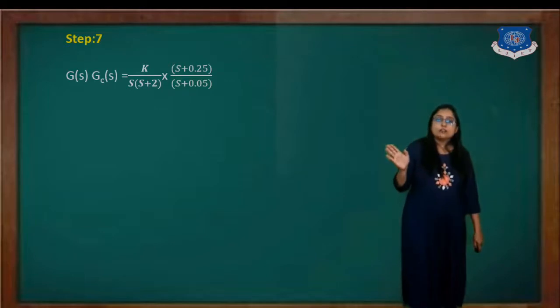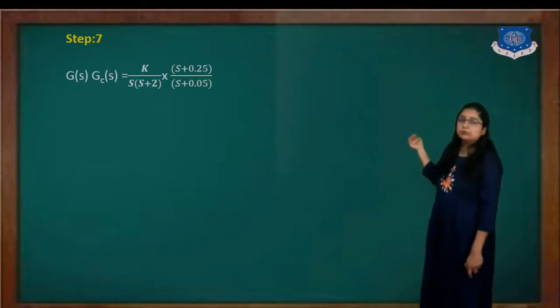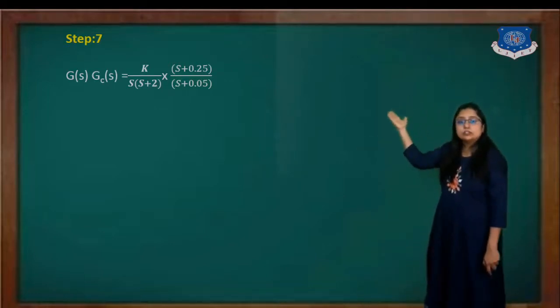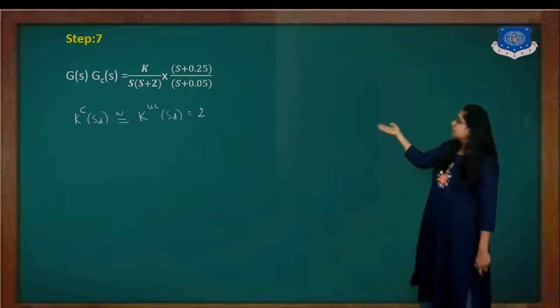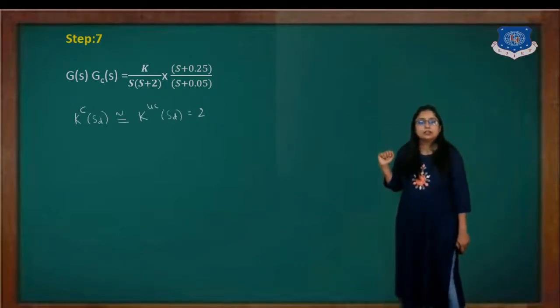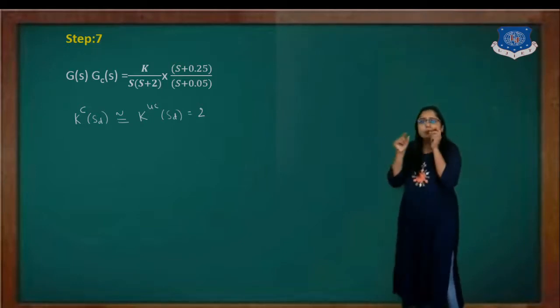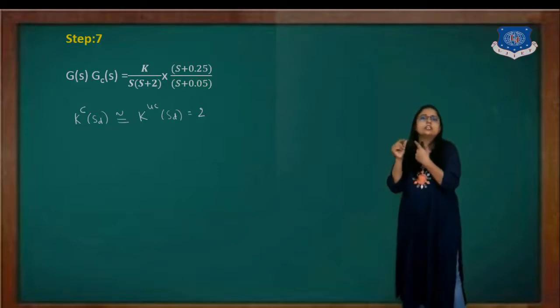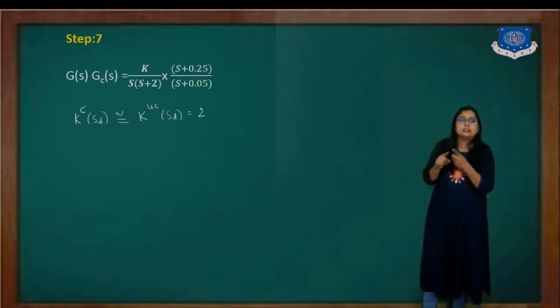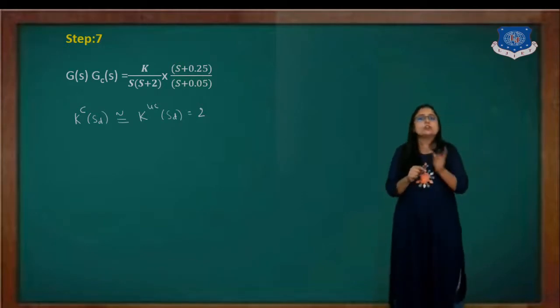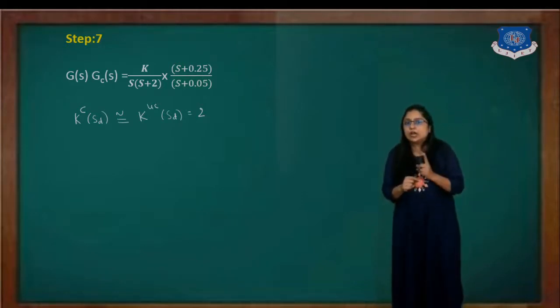Now I need to check whether this system has met the requirement that is given in the question or not. So first of all, we have to find the K. But we are finding this in the lead compensator. Here your pole and zero are very near to each other. So your uncompensated gain is almost equal to your compensated gain. Why?